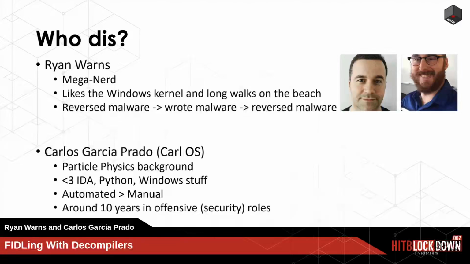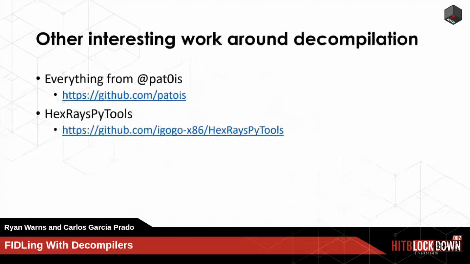It's pretty easy to distinguish us because I'm the one with the accent. I actually did not study computer science. The computer science guy is Ryan. Did physics a long time ago in another life. I really like IDA, Python, and Windows stuff in general. Love to automate stuff, and that's why we are here. And I've been around 10 years in offensive security roles, different ones.